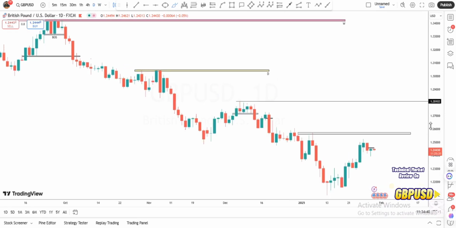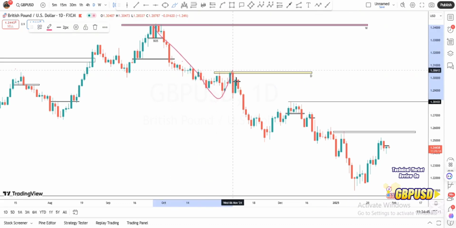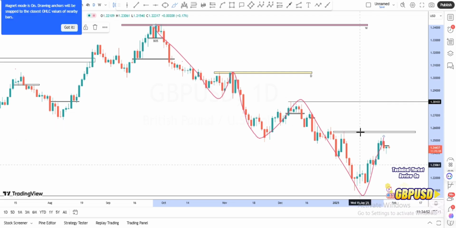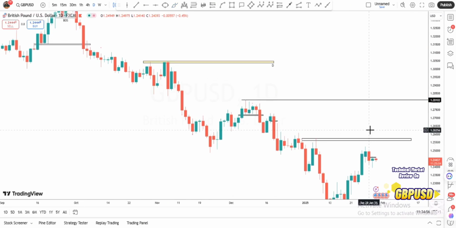right here on the daily, you can see that we have a clearer picture of what is going on. We have this impulsive phase, correction, impulse, correction, impulse, and here we have the correction currently in motion. So the correction is active at the moment.